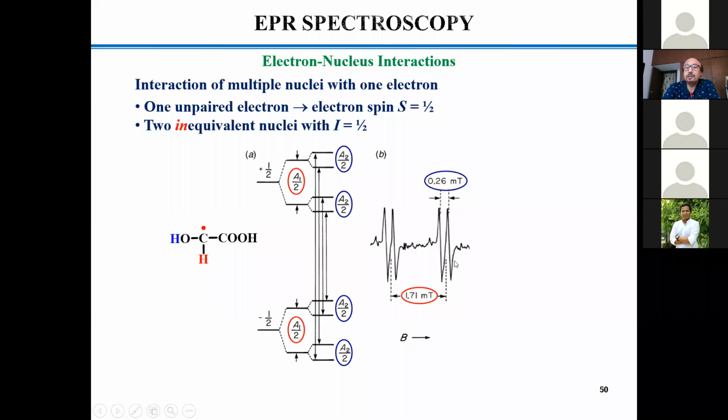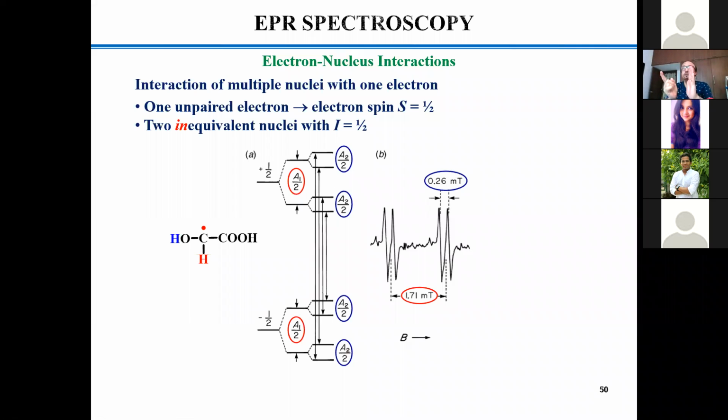Okay, now once you get the 2 doublets, then naturally you will be getting 2 A values. Already I said what the A value is when the lines are split. The difference between the 2 lines in terms of the magnetic field, that means Gauss, would be considered as your A value.